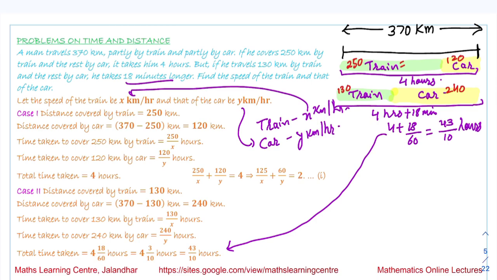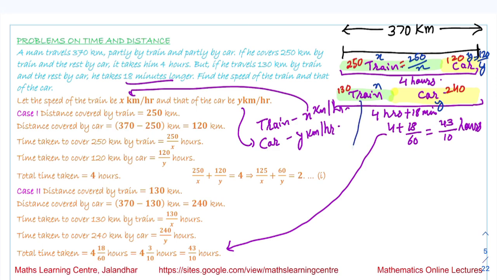So if we are talking about the time taken in each case, the speed is x for the train and y for the car. We know the formula that time taken is equal to distance over speed. So the time taken over here is 250 over x, and over here it is 120 over y.